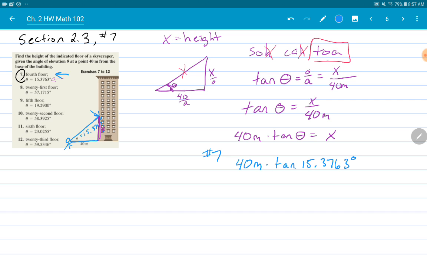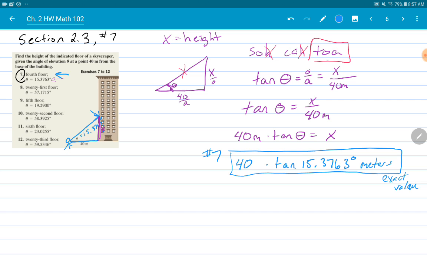Okay, it doesn't say to round it. It's to find the height given the angle. So this is the exact answer. This is what I would expect. Actually, the meter would be at the end. That's the units, right? So that is the exact value.